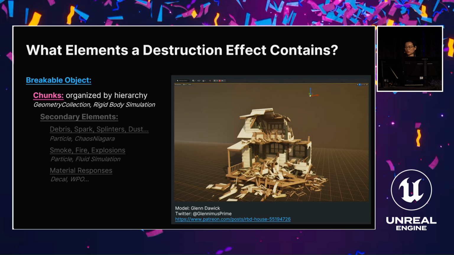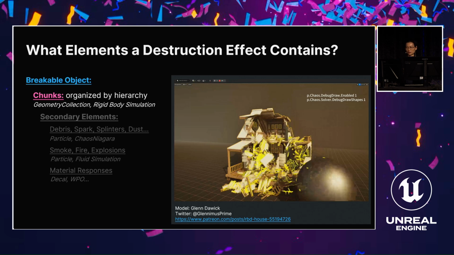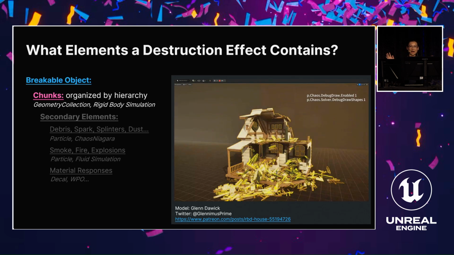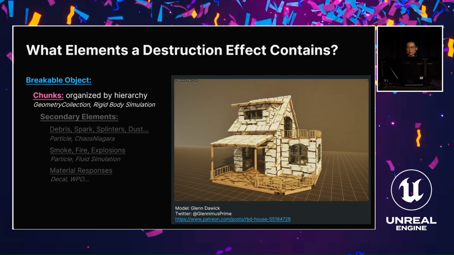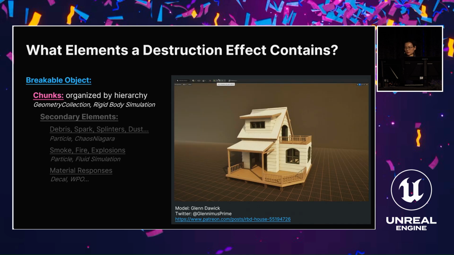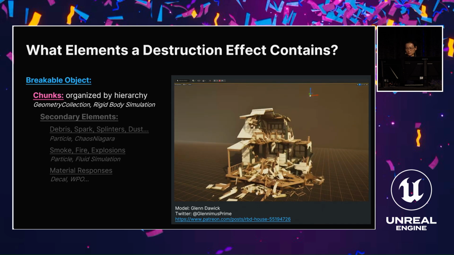If we want to destroy the entire structure, we need to organize the pieces hierarchically and break them from large to small progressively. So by turning the debug draw on the right, you can see the activated part. This is the part that's truly engaged in the rigid body simulation in the whole effect.